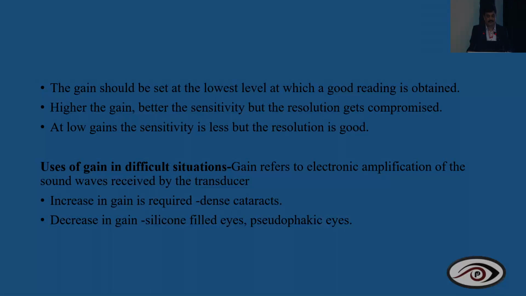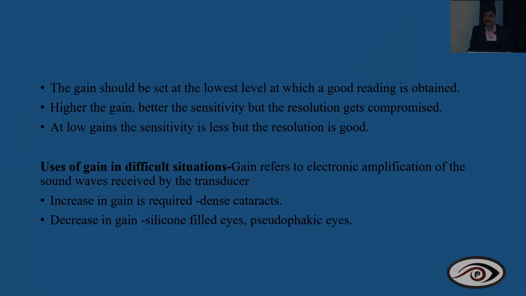The gain should be set at almost the lowest level that gives a good reading. Higher gain gives better sensitivity, but the resolution is compromised. At low gains the sensitivity is less but the resolution is very good.